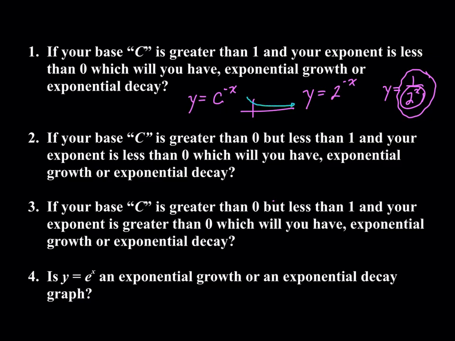For example, your fraction might be 1 over 2, and then 1 over 4, and then 1 over 8, and then 1 over 16. So as x gets bigger, your denominator gets bigger, which means the value of the fraction gets smaller. That makes this an exponential decay situation.